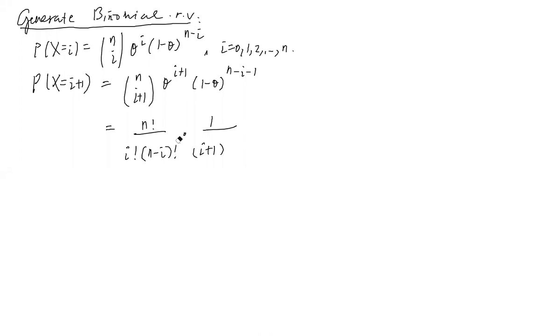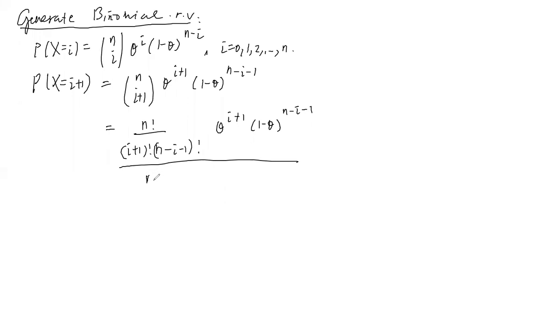Okay, maybe I do it a bit more slowly. So this would be I plus 1 and minus I minus 1, to divide by n factorial over I factorial.